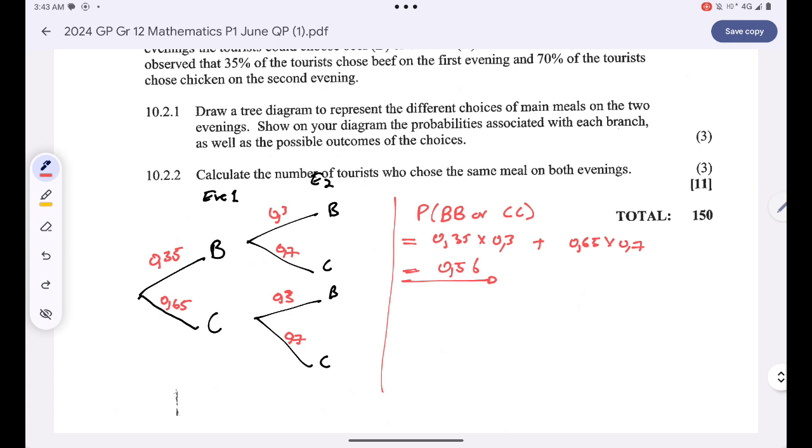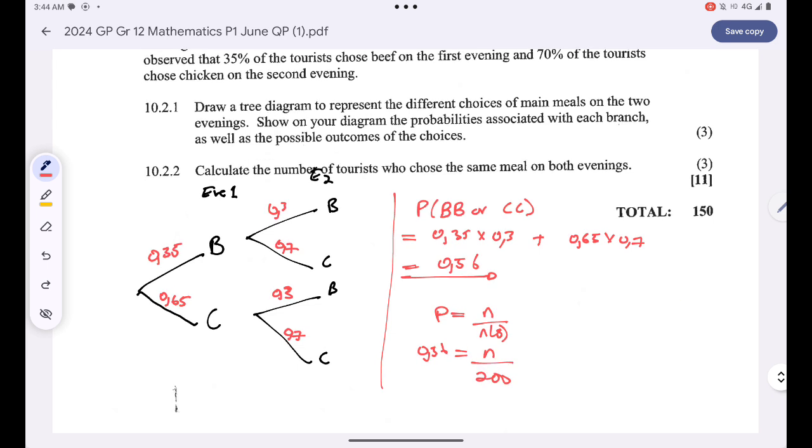But I was not asked to find the probability, I was asked to find the number. Remember, guys, probability is the number of possible outcomes divided by the sample space. Probability is 0.56. I don't know the number, but the sample space is 200.